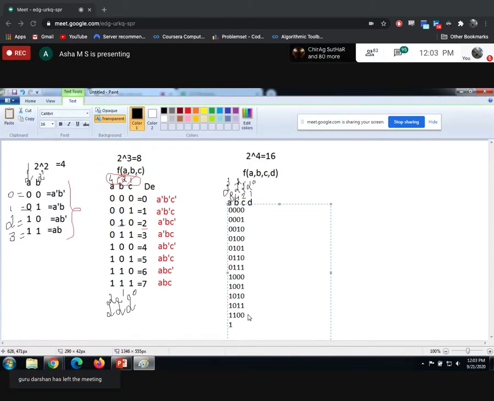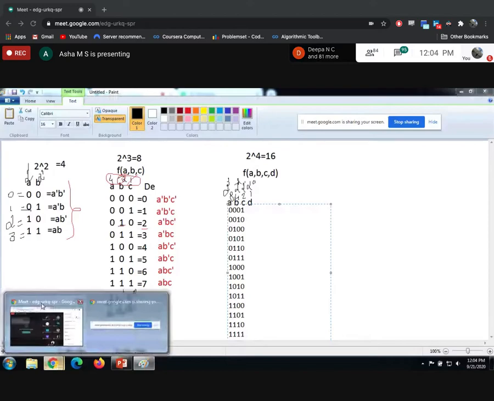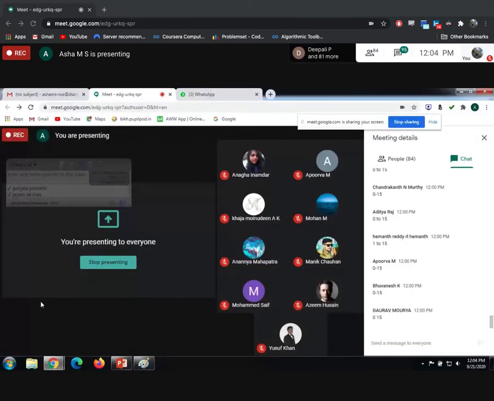So 1, 1, 0, 1. Next 14. 1, 1, 1, 0. Next 15, 1, 1, 1, 1. Is this correct? Binary representation for 4-bit, is it correct?